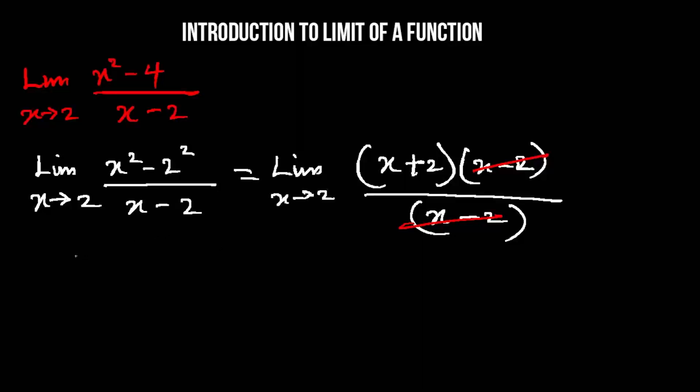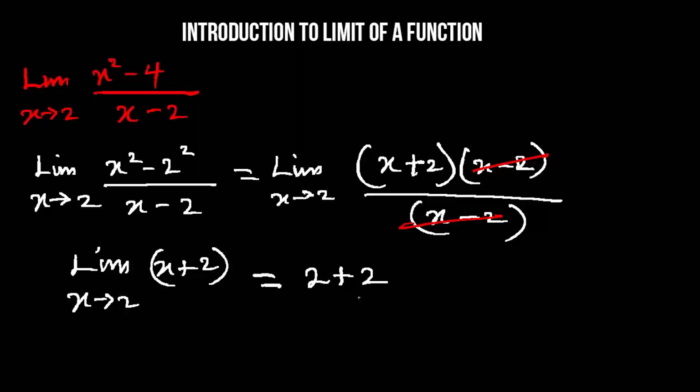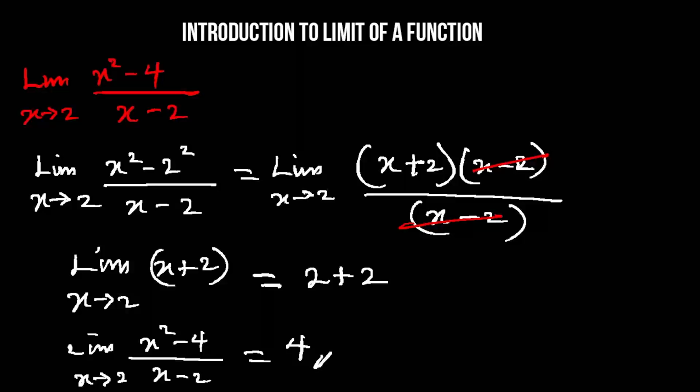Then I have the limit as x tends to 2 of x plus 2. So this is equal to, putting the value of 2, 2 plus 2, and then the limit of x squared minus 4 divided by x minus 2 as x tends to 2 is therefore equal to 4. I hope you understand this now.